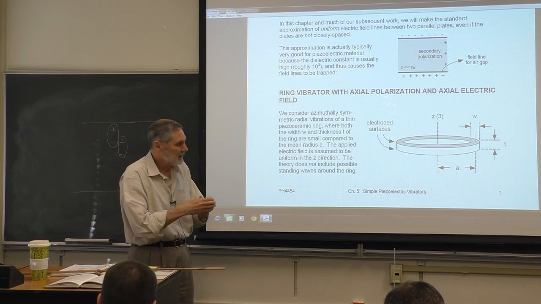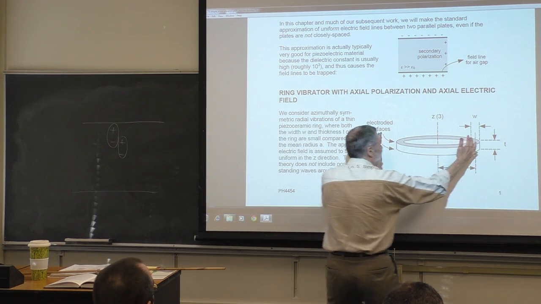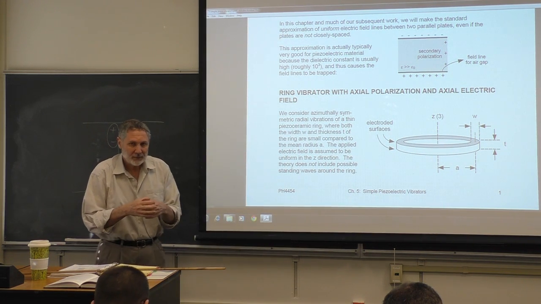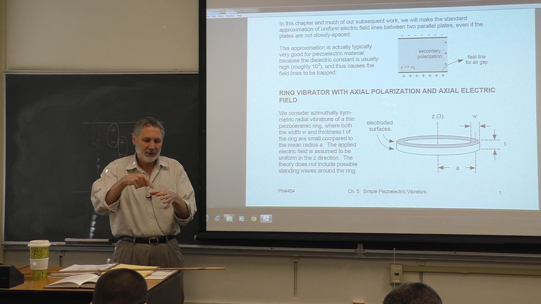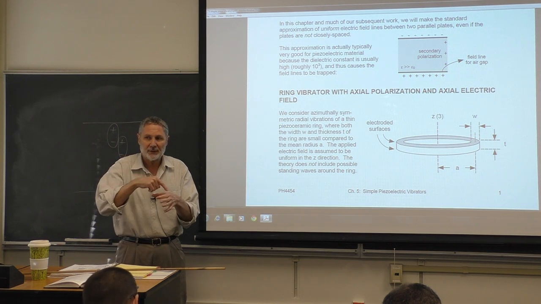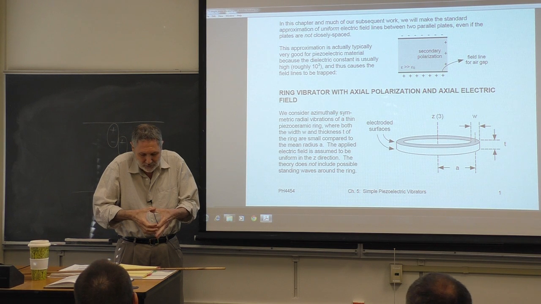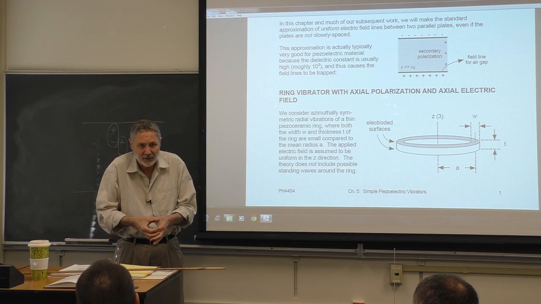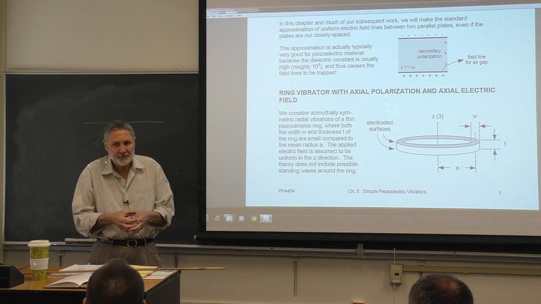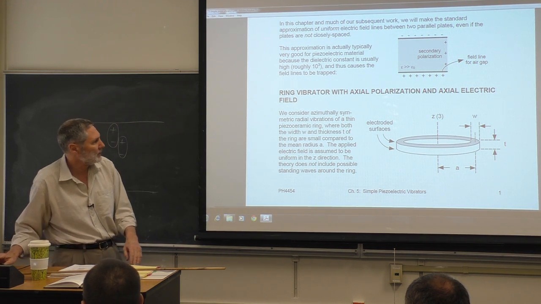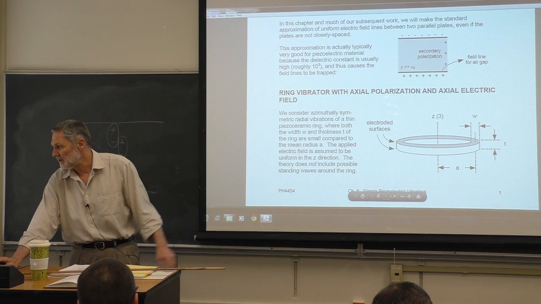And so it can send out sound. Now, we're going to assume that there are no standing waves around here, that we're at a low enough frequency so that the thing is uniformly expanding and contracting. And that's going to be important for what we get into tomorrow. I'll remind you about that, and you'll see it in the theory here.